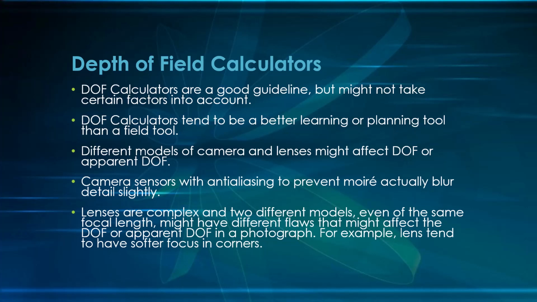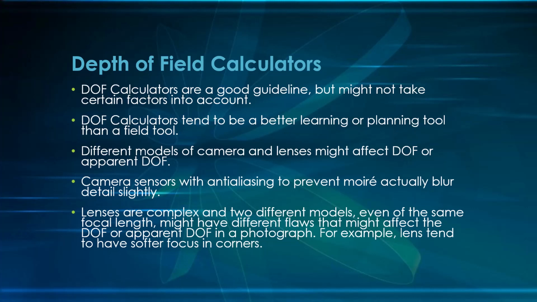For example, lenses tend to have softer focus in the corners, so the focus isn't always even throughout the picture. In fact, lenses actually have a curved focus, and we have a flat sensor. And there are actually patents from camera companies.